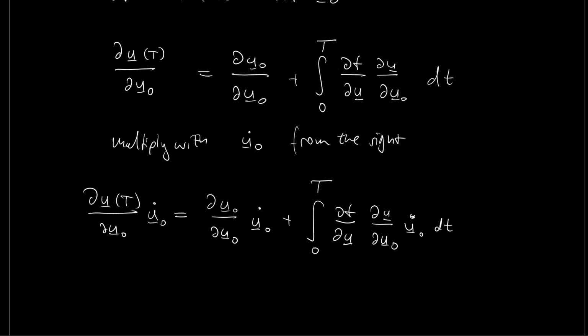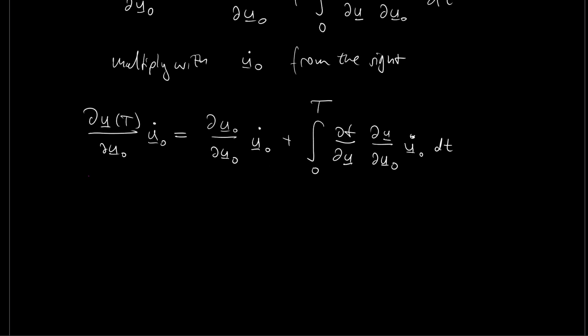Okay, let's analyze that. Here again, we can extract our tangent contribution. So this will be u at capital T contribution from u0 tangent. And then we have here the derivative of something with respect to itself. So initial condition with respect to initial condition just gives us the identity matrix. And if we multiply the identity matrix with a vector, you will get that very vector.